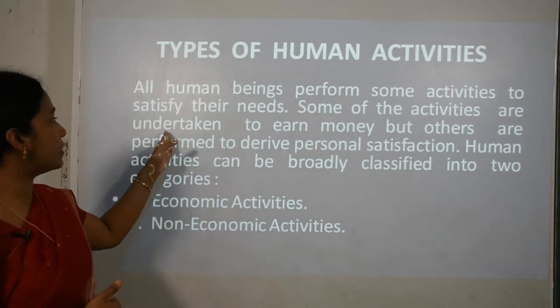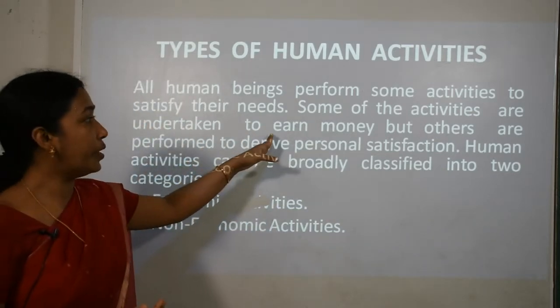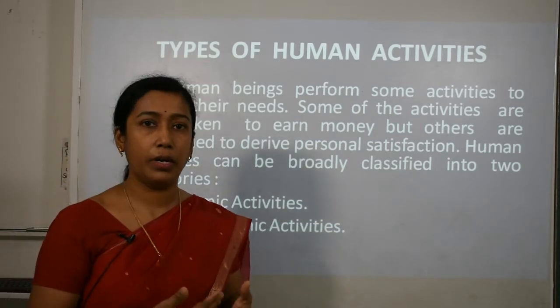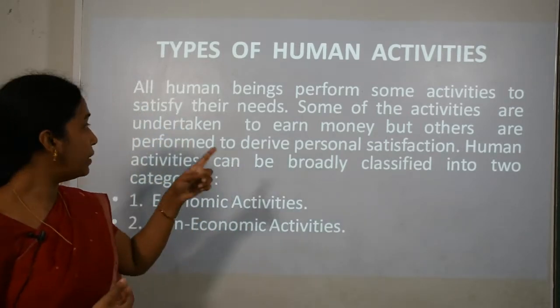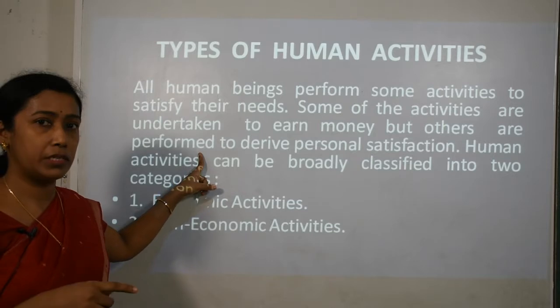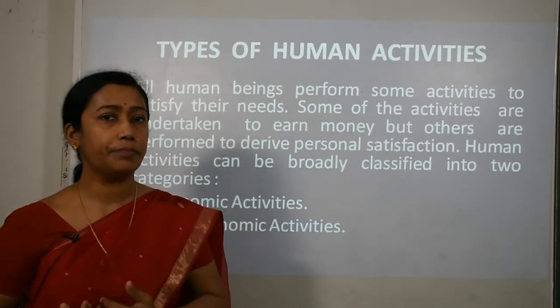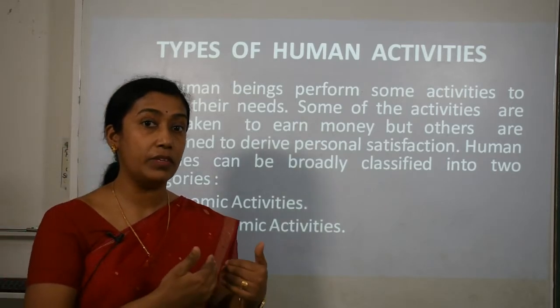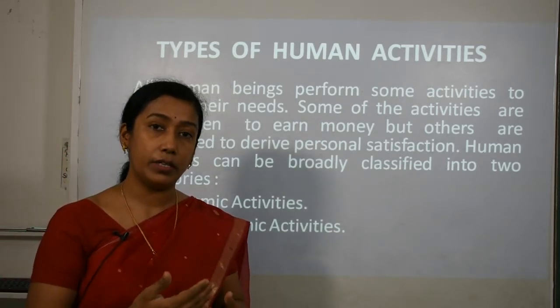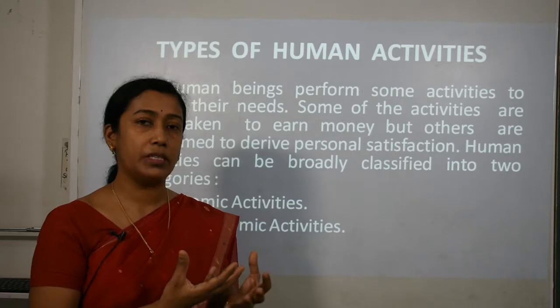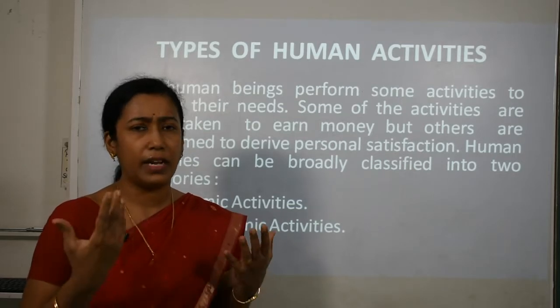Some of the activities are done to earn money or income, but others are performed to derive personal satisfaction. That means there are two kinds of activities: economic and non-economic activities. Economic activities are those done to earn money, in the form of salary, fees and so on.